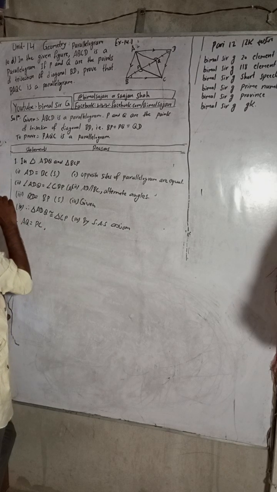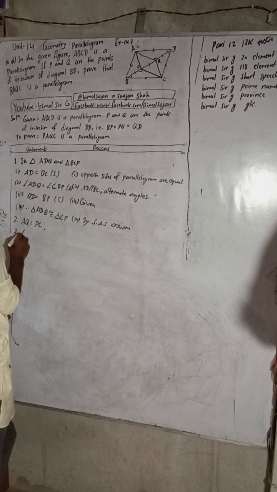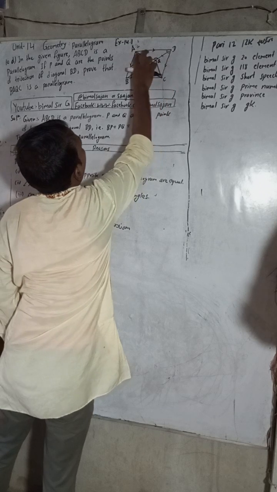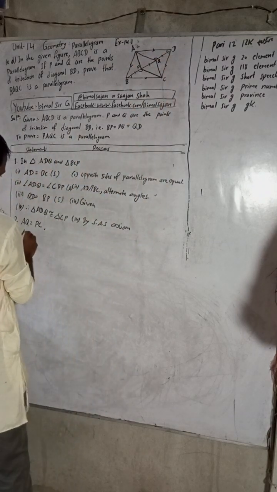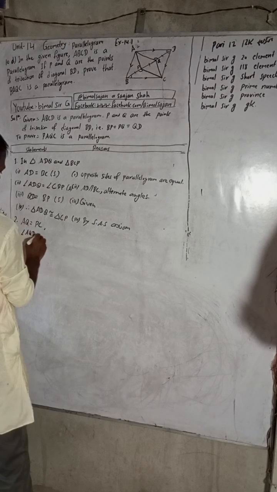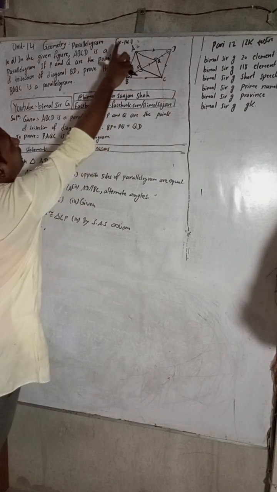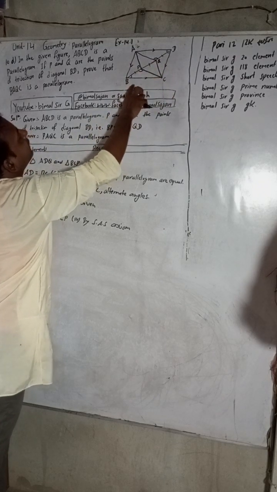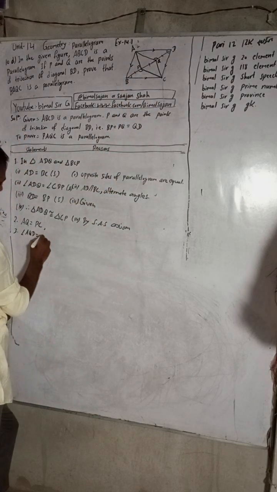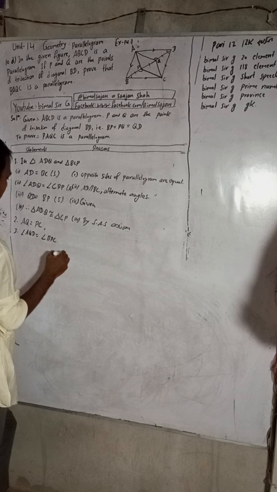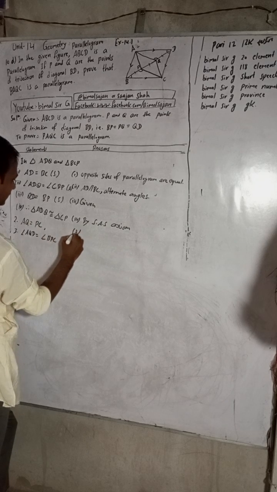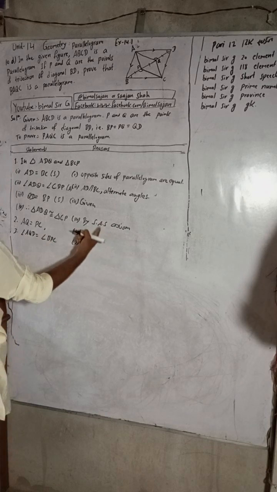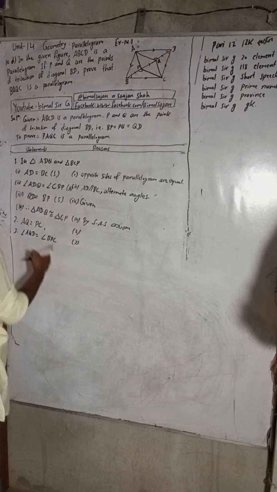Now number 3, we can write here the angle. This angle name we can write as AQD. Angle AQD is equal to angle BPC. The reason for this, number 2 reason, for both we can write the same reason: corresponding parts of congruent triangles, because these are the corresponding parts.